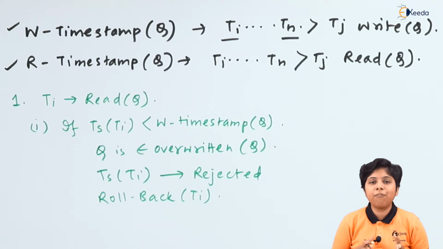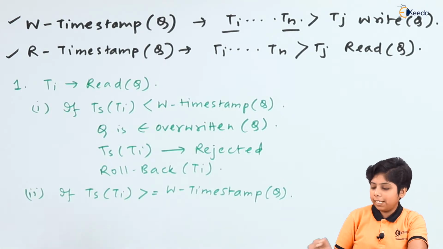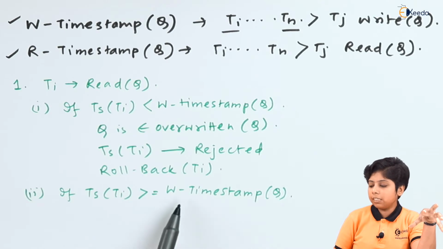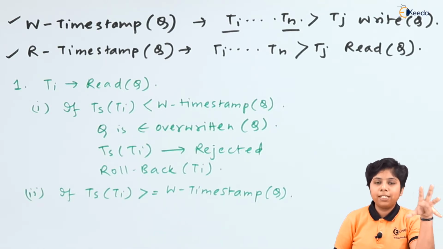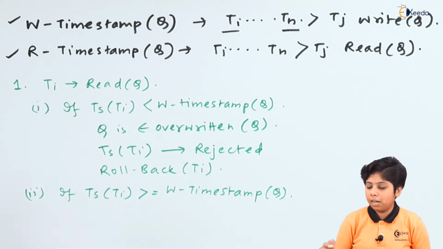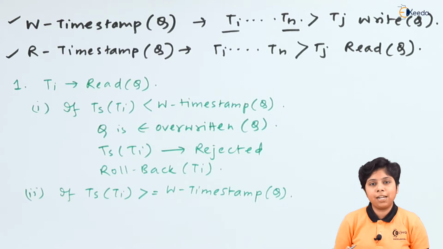Now what happens if it is greater than or equal to W timestamp Q? Now we can say that my TS(Ti) is greater than or equal to W timestamp Q. That means my transaction has a larger value than the write on this data item Q. That means the transaction is now happening after the actual write on this data item Q. The largest write timestamp means the last write of data item Q by a transaction, and my Ti is happening after that transaction.